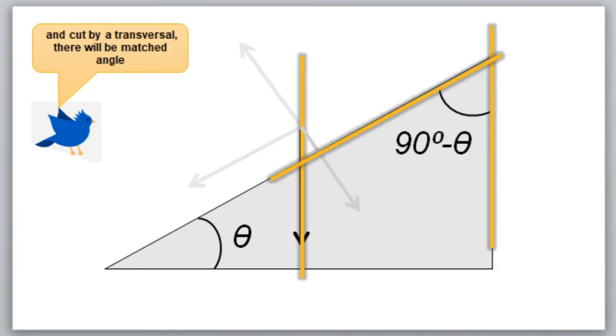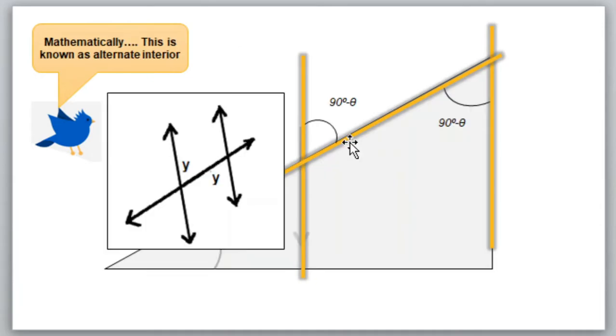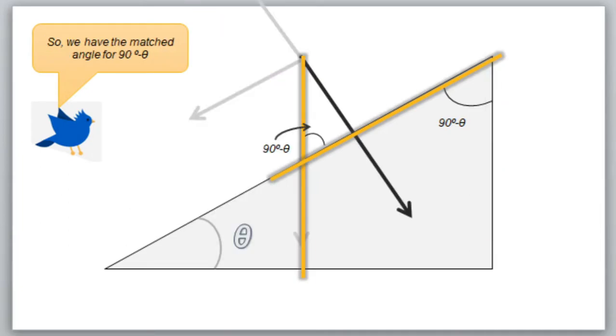So we say that there will be an alternate interior angle. The angle here is 90 degrees minus theta, so the alternate interior angle will also be 90 degrees minus theta. So here is the matching angle.